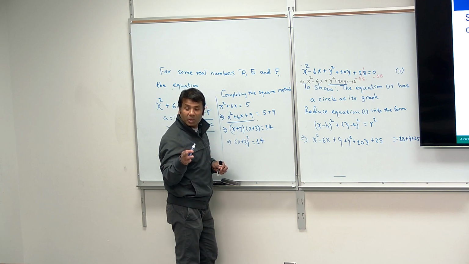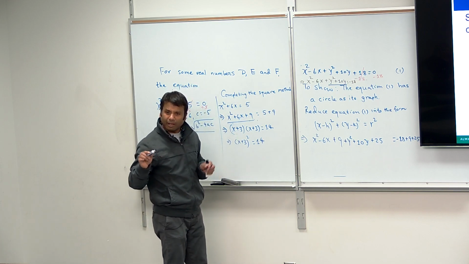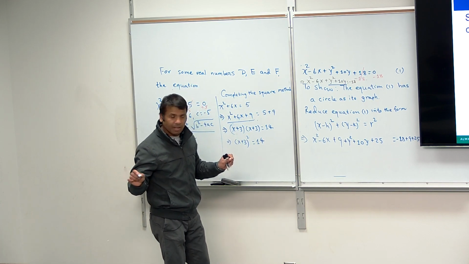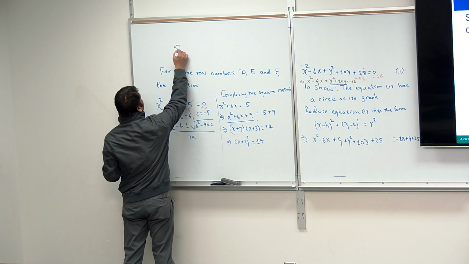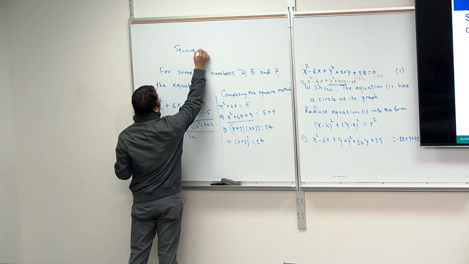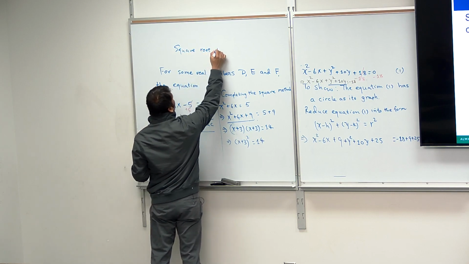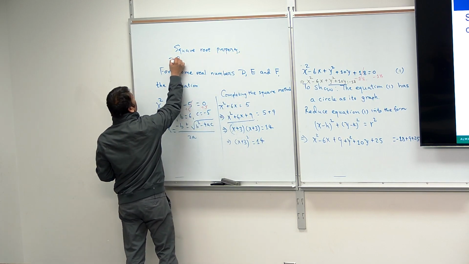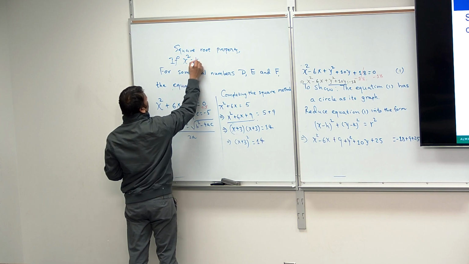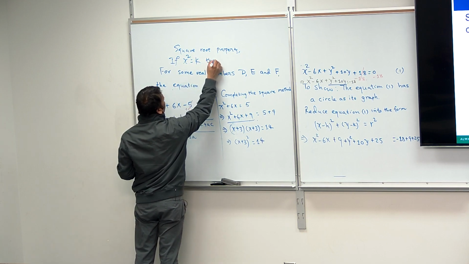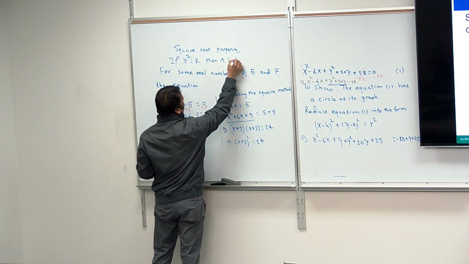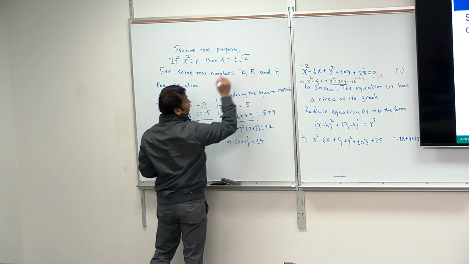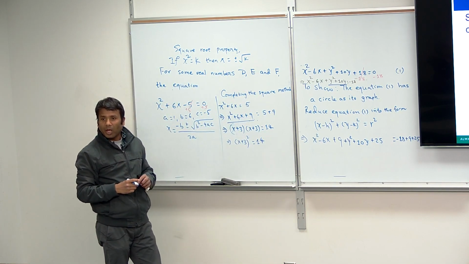And then we use the square root property. Remember the square root property? If x squared equals k, then x equals plus or minus radical k.